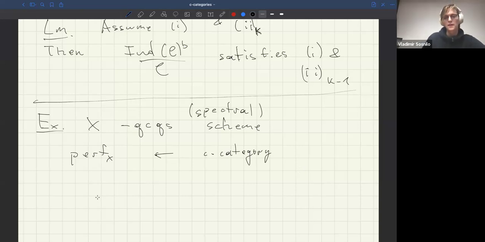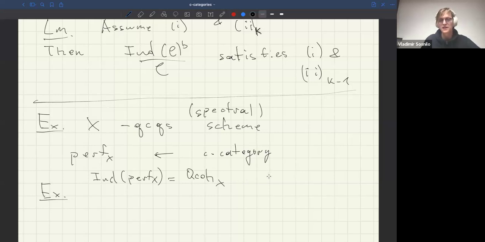The compactly generated weight structure in this case is given as follows: if you take the Ind-completion of this, then this is the category of quasi-coherent complexes over X. And in here, I can generate a weight structure by the class of perfect complexes that become weight co-connective on every affine scheme.